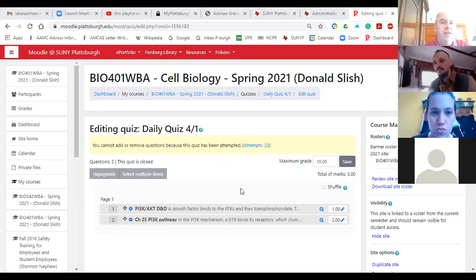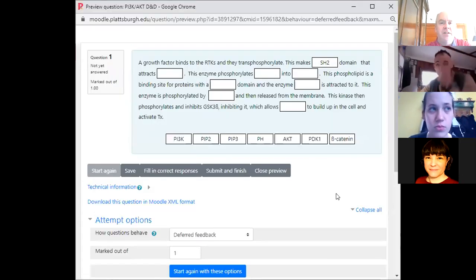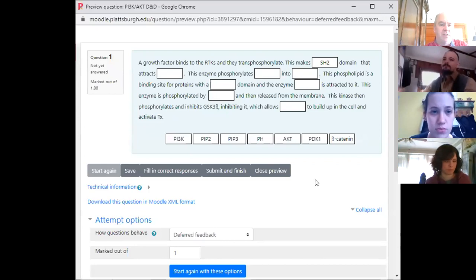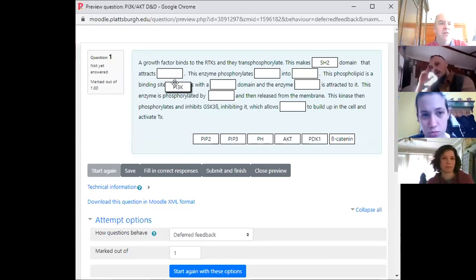Growth factor binds to RTKs to transphosphorylate. This makes an SH2 domain that attracts PI3 kinase. This enzyme phosphorylates.